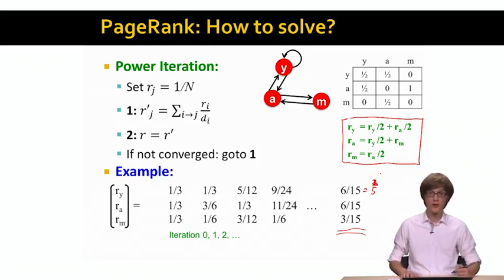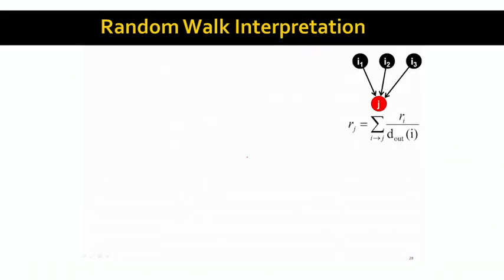All right, so we got the same solution as before, but now we didn't really solve the system of equations explicitly. We simply did this vector matrix multiplication multiple times, and the thing converged somehow miraculously to the values we wanted.